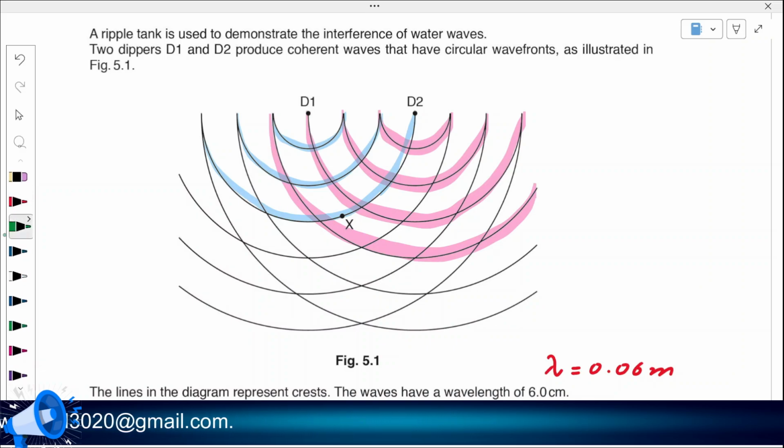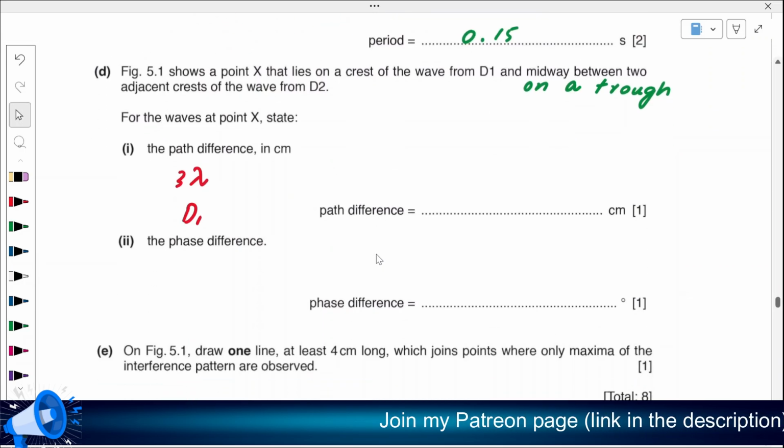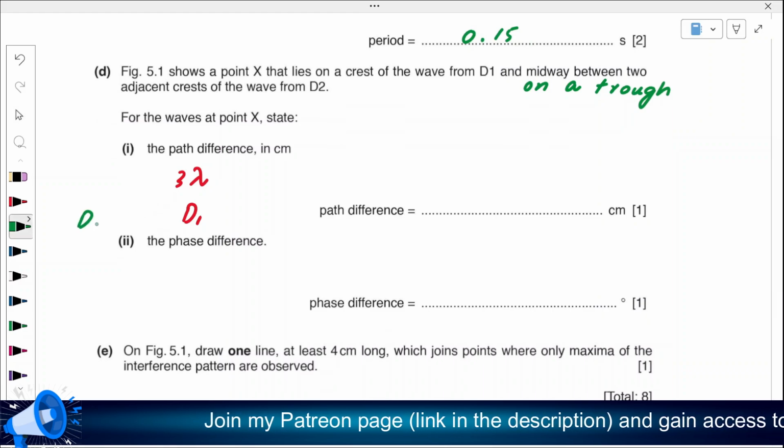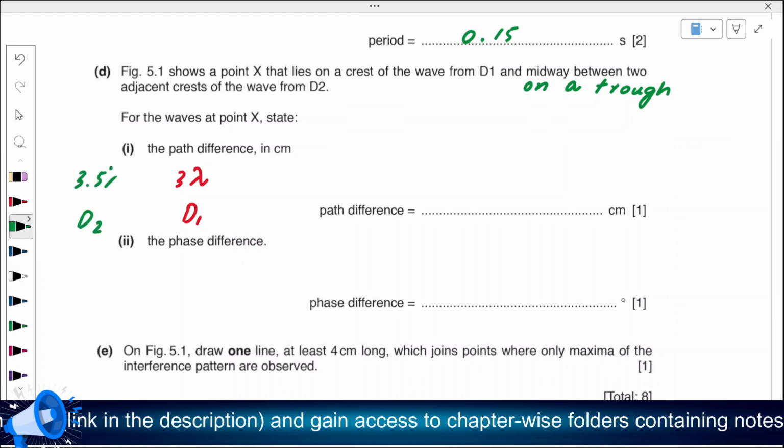So with respect to D2, it is at a distance of 3.5 lambda.